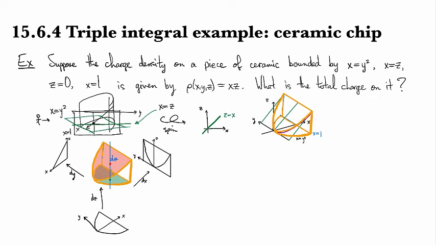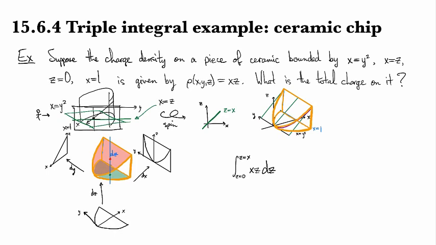So we go from the bottom plane, z equals 0, to the upper plane, z equals x. We don't even have to solve those. And then we're going to be integrating a density function this time, xz, and that's going to be dz because that's what we decided to do.